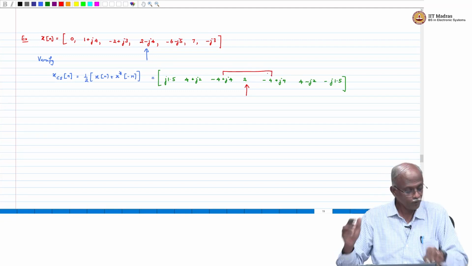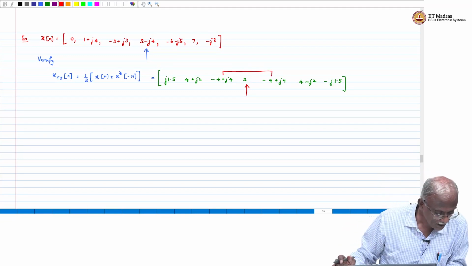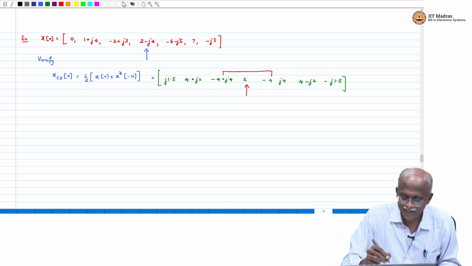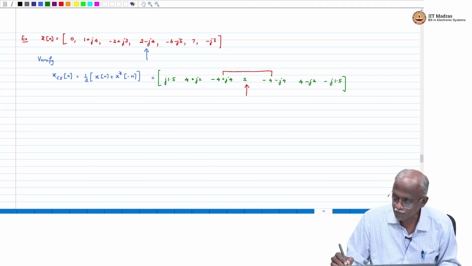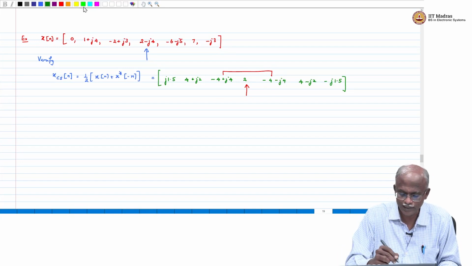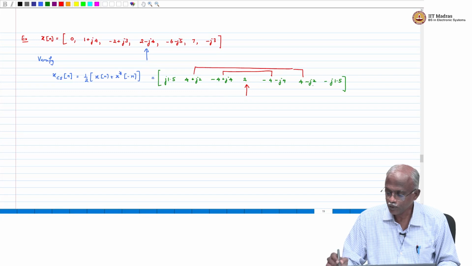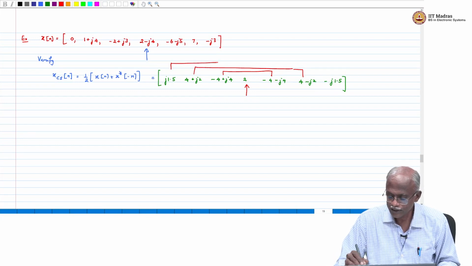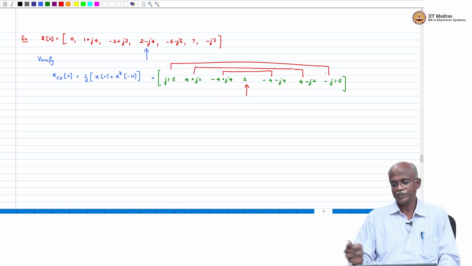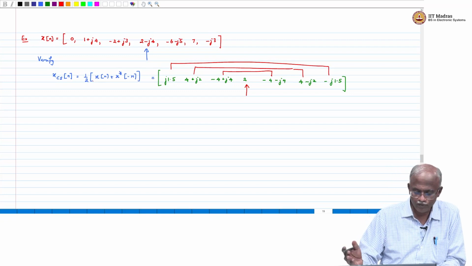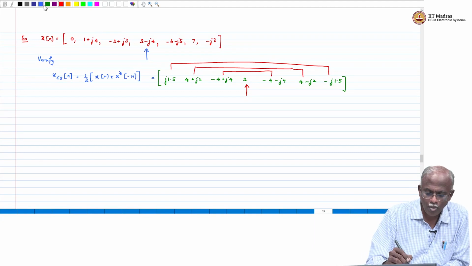Okay, something is wrong here, minus 4, minus j4, sorry. Yes, it has to be complex conjugate, so this is minus j4, they are complex conjugates of each other. Okay, minus 2 is a complex conjugate of x of 2, minus j2 and plus j2, minus j1.5 and plus j1.5, the complex conjugate. So basically the conjugate symmetry is observed in the conjugate symmetric sequence.